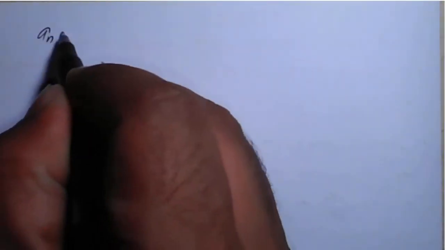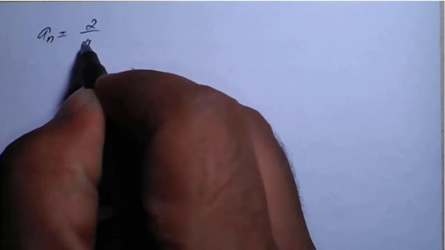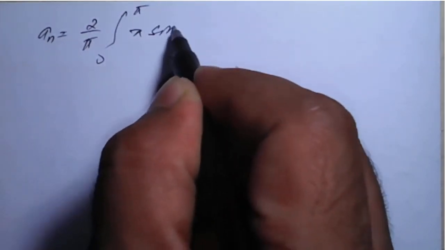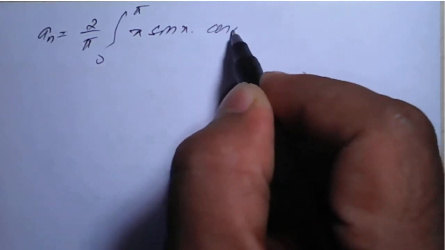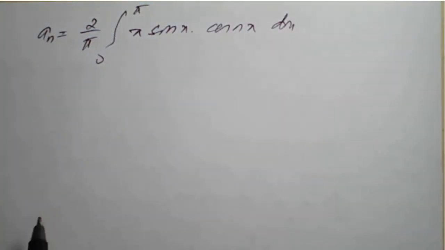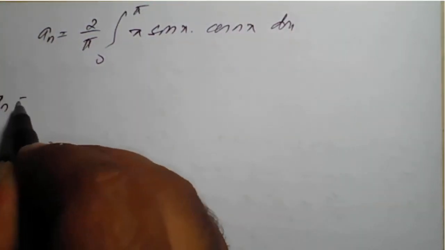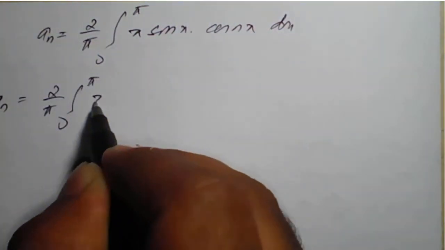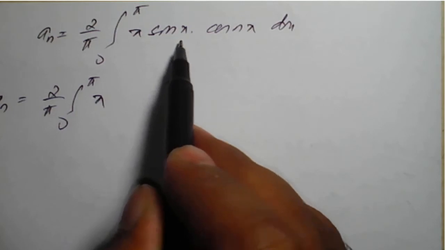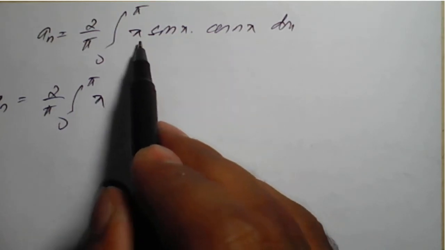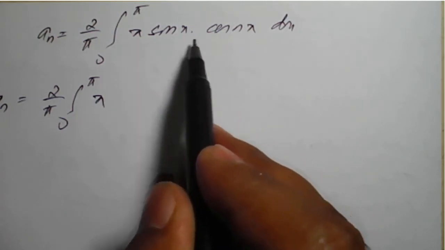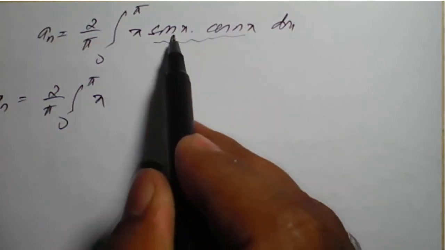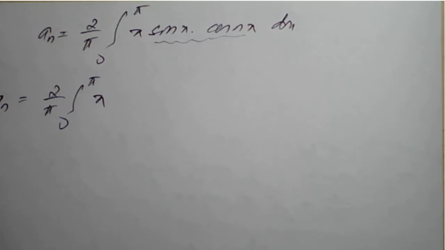So aₙ is equal to (2/π) ∫ from 0 to π of x sin x cos nx dx. Because we have three functions, x, sin x and cos nx, x we keep as it is. For these two terms we apply the sin A cos B formula.